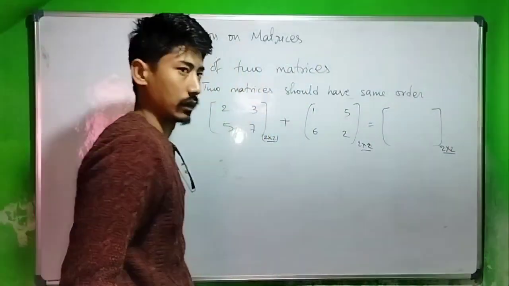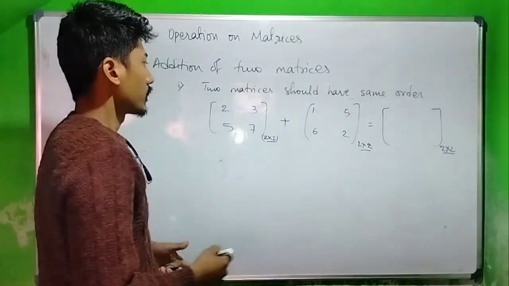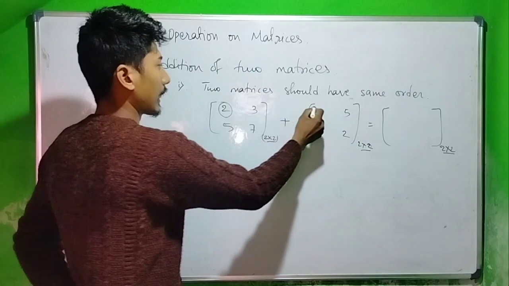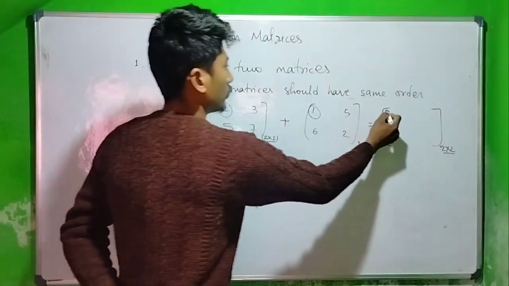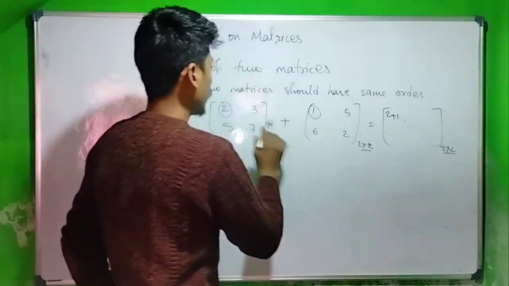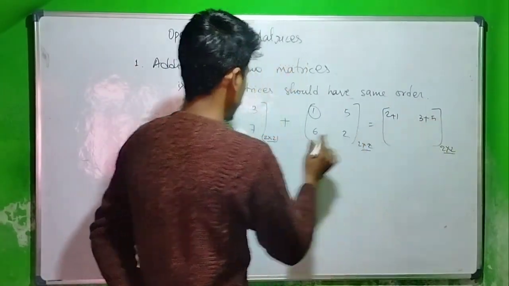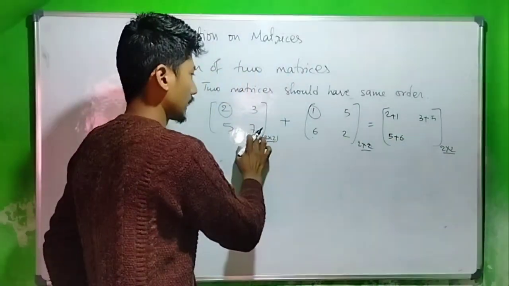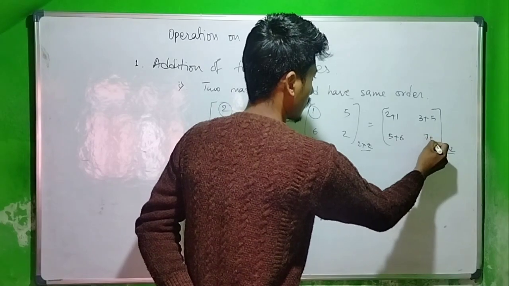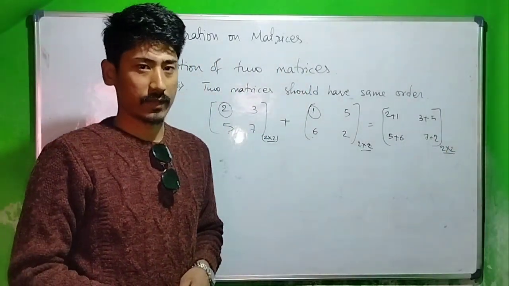The resultant matrix has the same order. We add the corresponding elements only: 2 plus 1 and 3 plus 5. Similarly 5 plus 6 and 7 plus 2. So this is how we do addition of matrices.